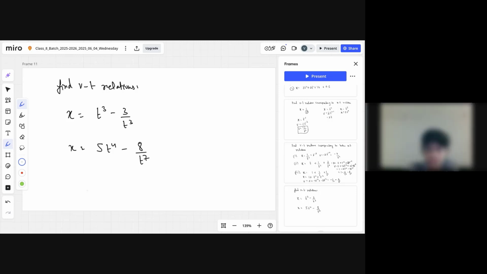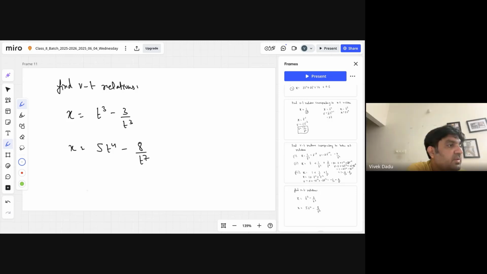Sir, where did I mess up? First one is still wrong. Arihant, in first one you have messed up in this part, and second one also this part. Powers of t.